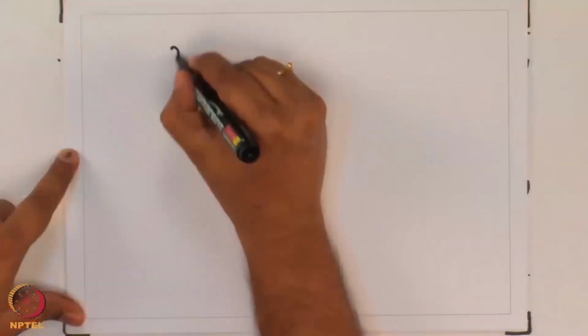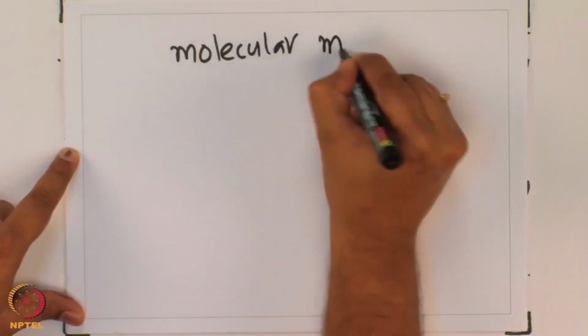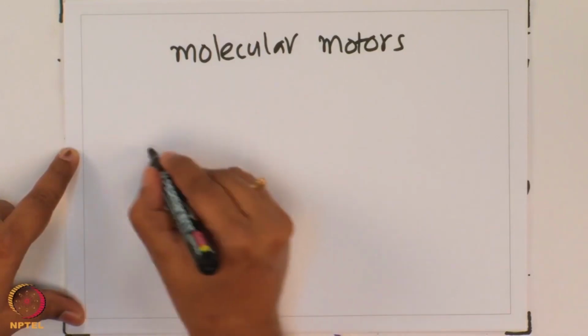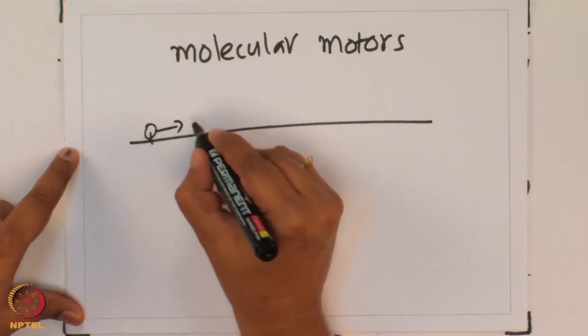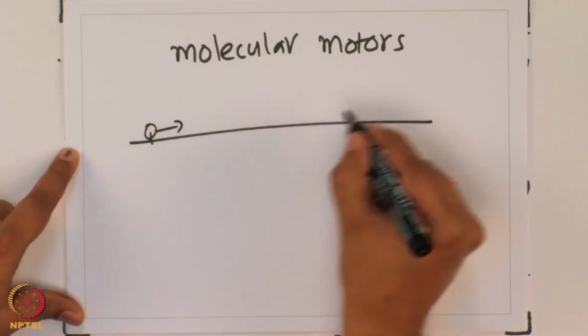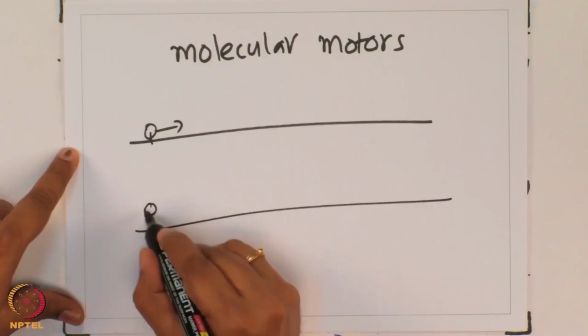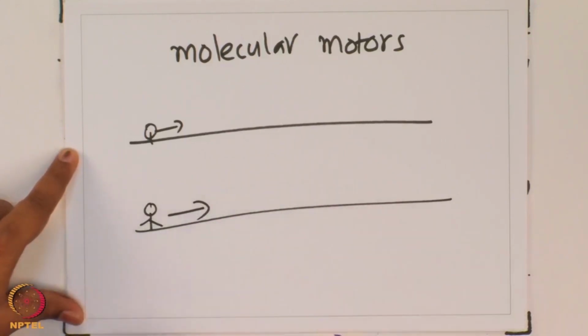Let's say in biological cells, there are molecular motors called kinesin and dynein, and let us say they are walking along a track of microtubules. So some motor is walking, or even think of us walking ourselves from one place along this line.